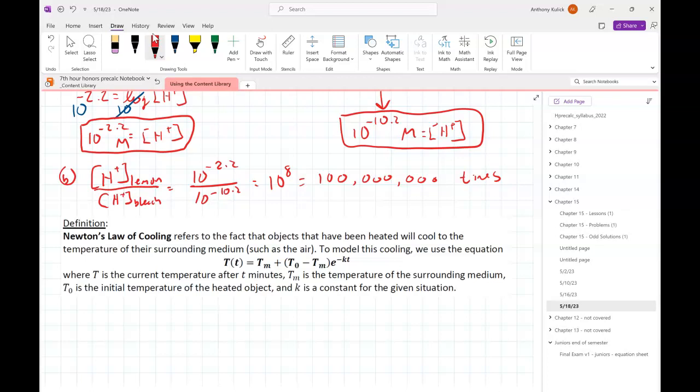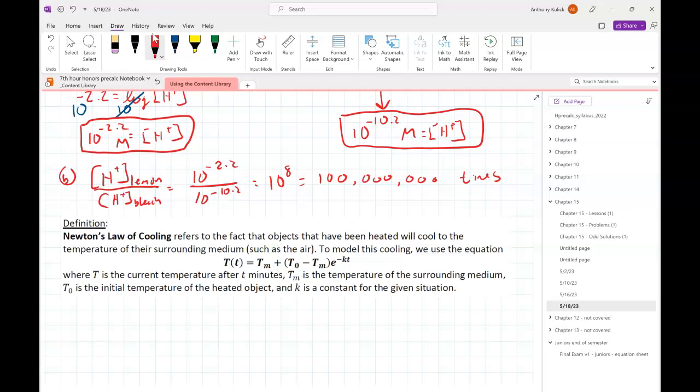So if you cook something in the oven, you take it out and let it cool, eventually it'll be the temperature of the room that you're cooling it in, right? Or if you're a medieval blacksmith forging a sword and you dunk it in the cold water as part of your annealing process, the surroundings would be the water.